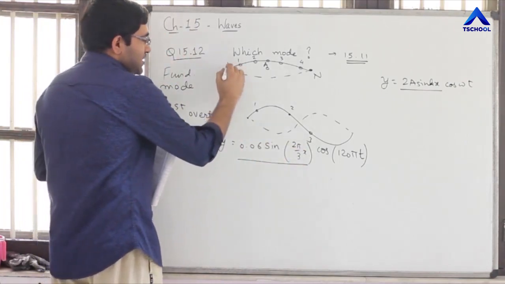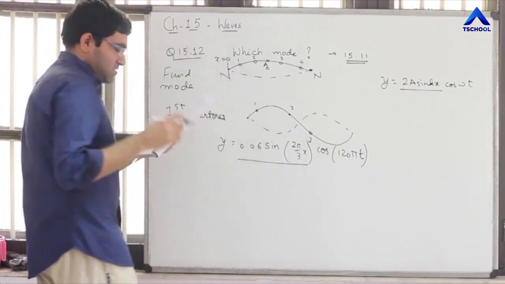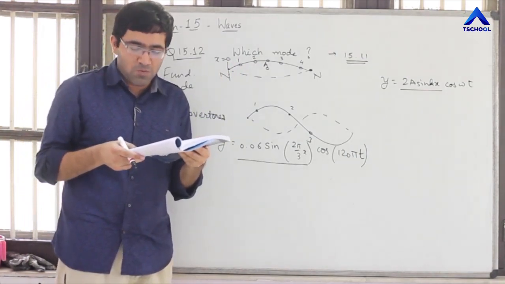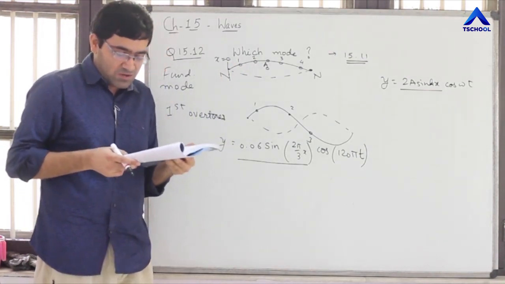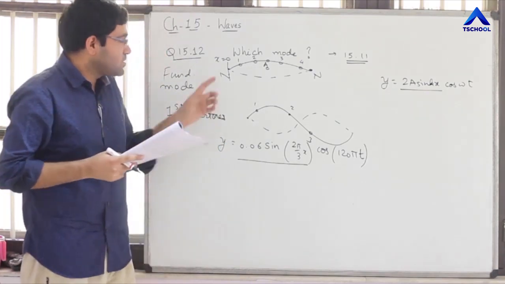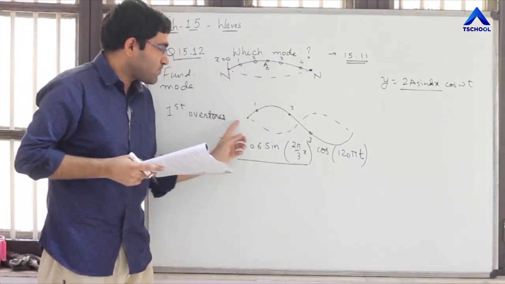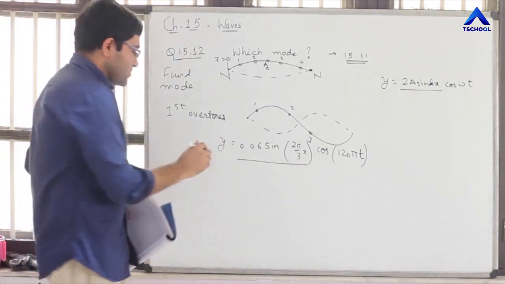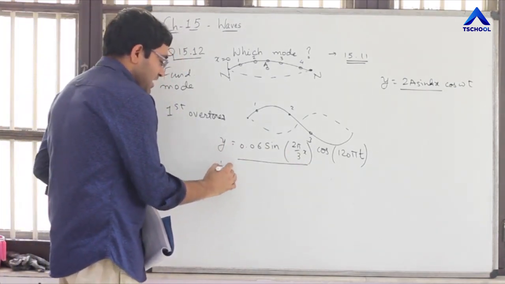So if we take this end as x equal to 0, which agrees with what it says, what is the amplitude of a point 0.375 meter away from one end? So from here, that is what you could put as x. So what I'm going to do is to find the amplitude A dash.